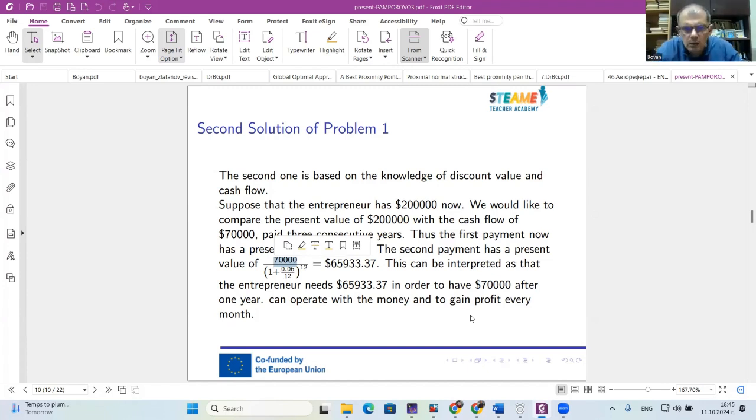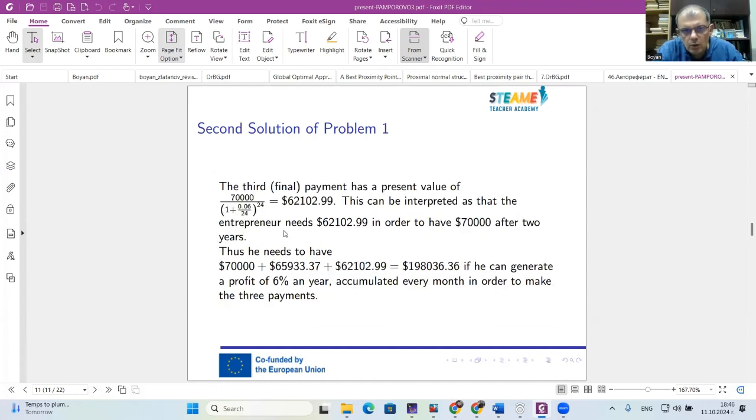We have to discount this, so that our answer is that if we have today $65,000 and if we invest them at a 6% rate of increase for 1 year, 12 months, we'll need less than 70,000.